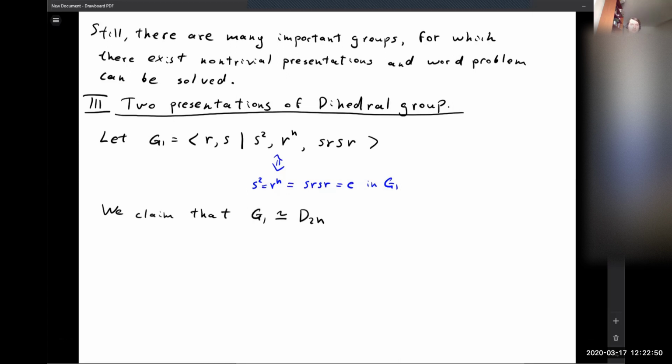And here is a sketch of the proof, which will probably appear in the homework, maybe as an optional problem.